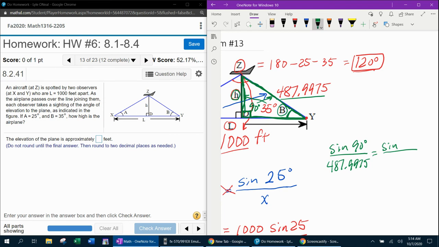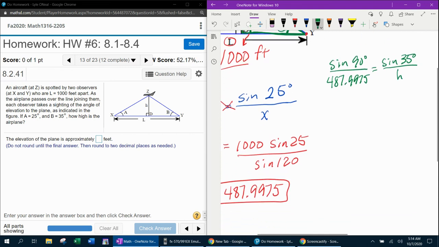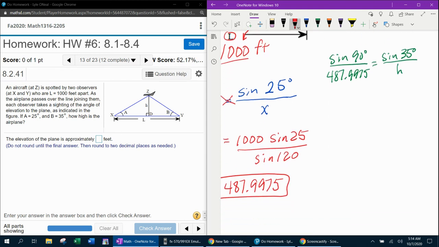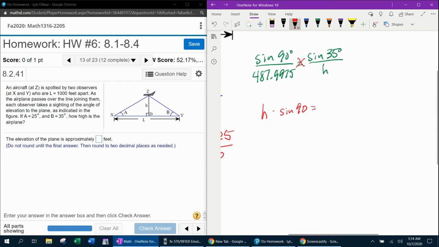Angle B, which is 35, is across from little h, which is what I'm looking for. And then I'm just going to cross multiply and divide, and I'm going to be done. H sine of 90 equals 487.9975 sine of 35.